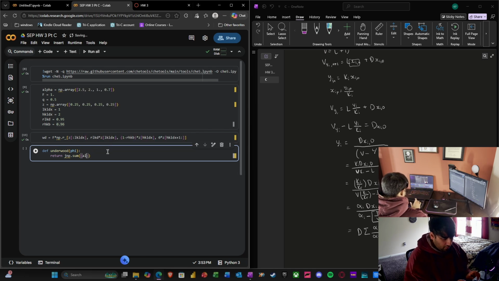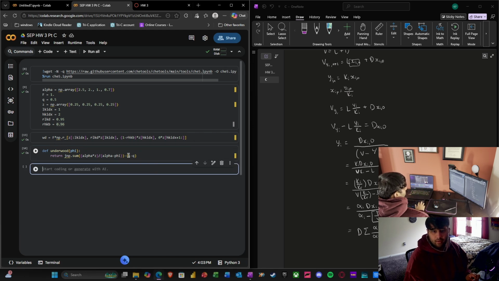So alpha times z divided by alpha minus phi. This is to multiply all of that minus q. Yep, there we go.